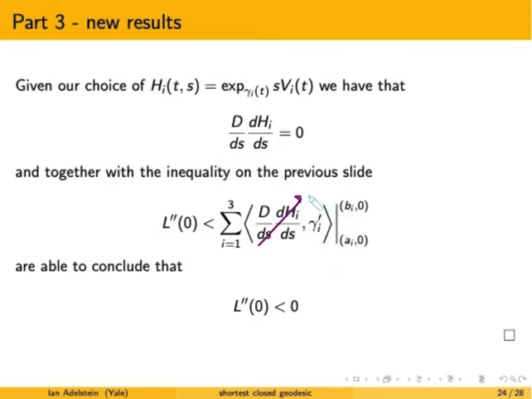And because this term goes to 0, we conclude that the second variation is always negative. Okay, so again, the idea is at a stationary theta graph, I can always find a direction of decrease. And what I've shown is I wrote down the variational field for you, and by computing the first variation and the second variation, I've hopefully convinced you that in this direction, the theta graph will decrease in length.